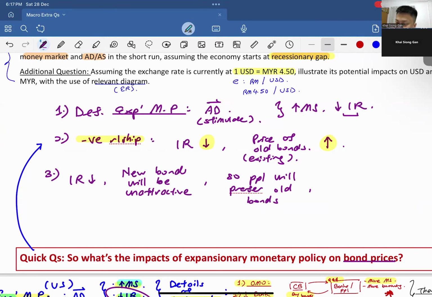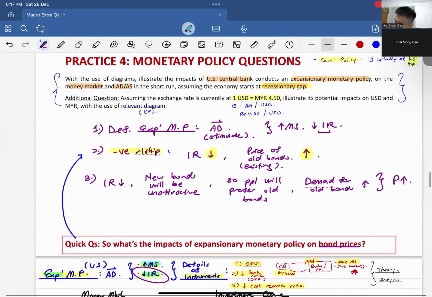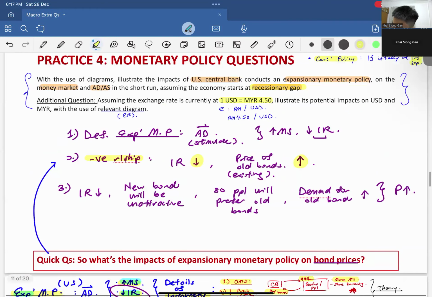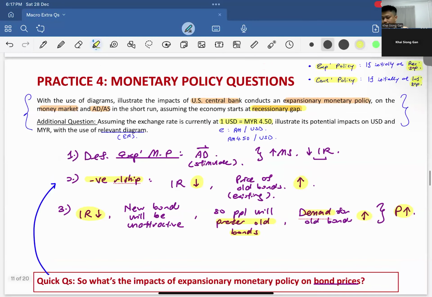So the demand for old bonds will increase. Remember with the graph that we drew last time, when demand increases, price will go up. Demand for old bonds increases, so that results in higher price of old bonds. That's the explanation. So when interest rate falls, new bonds are not attractive. People prefer old bonds, so that causes demand to rise, and that results in higher prices. So that's the rationale behind this.